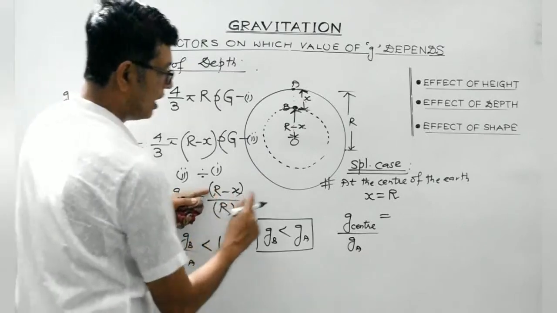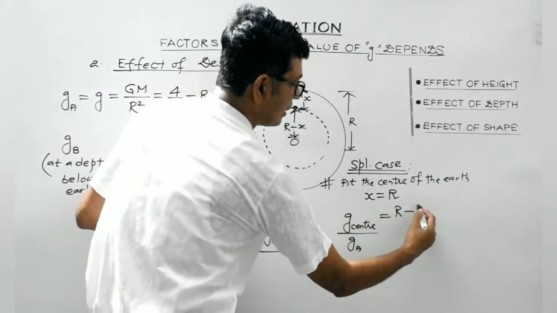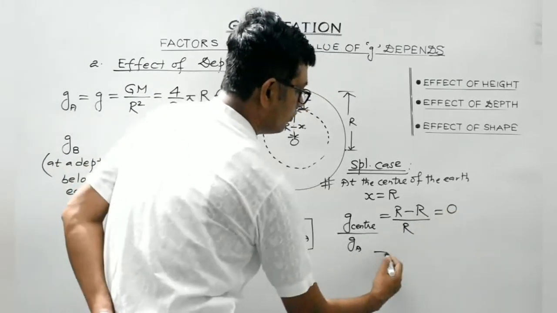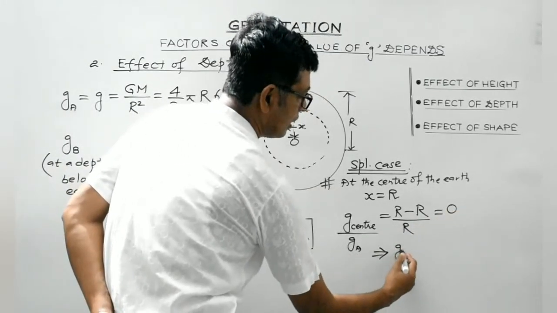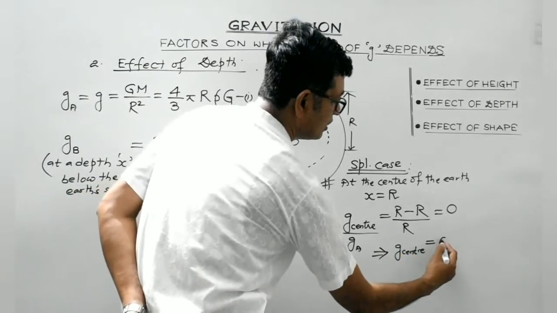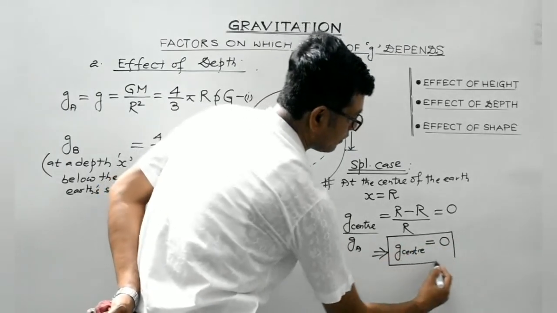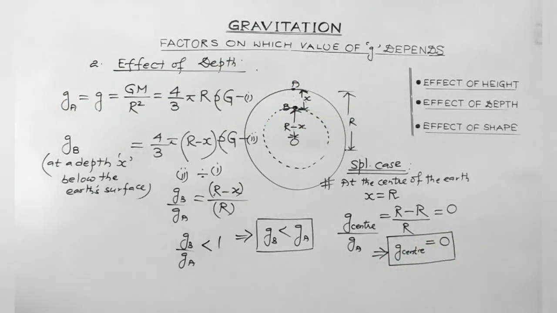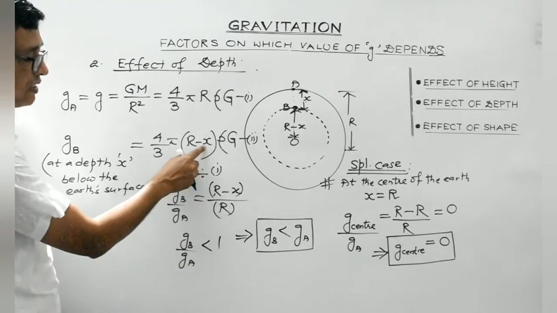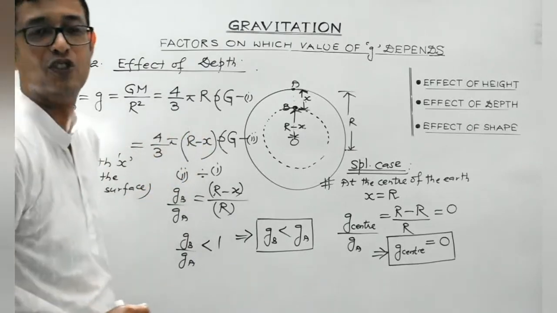It will be equal to R minus, in place of x, you can write R, divided by R. So it will be equal to 0, which implies that the value of acceleration due to gravity at the center of the Earth is 0. You can directly make use of this particular expression as well. As x becomes equal to capital R, the value of g becomes 0.